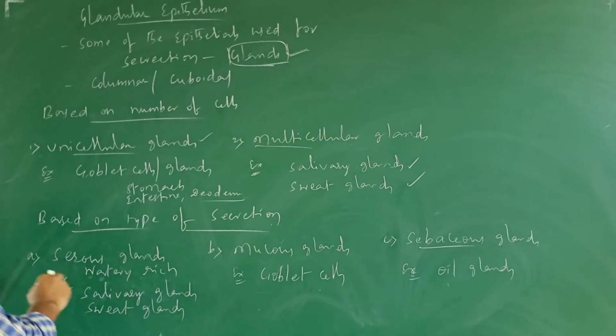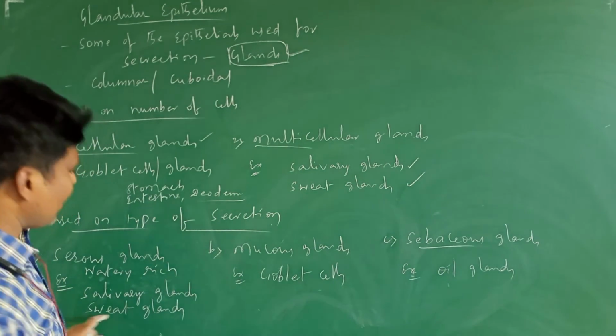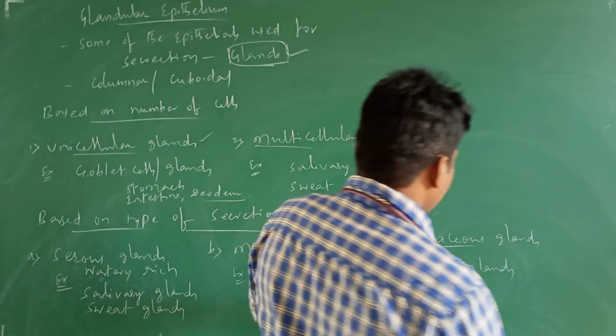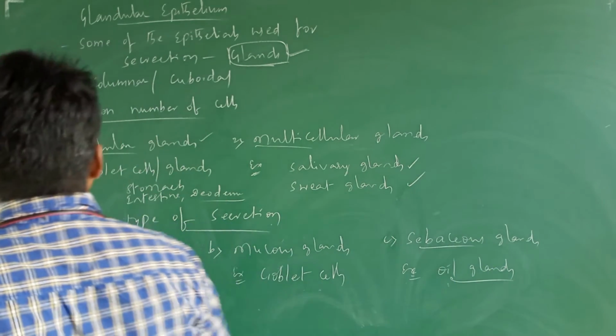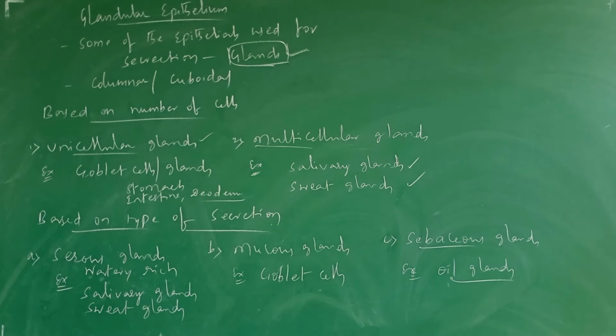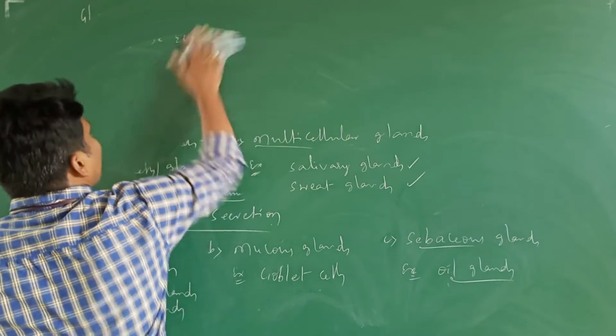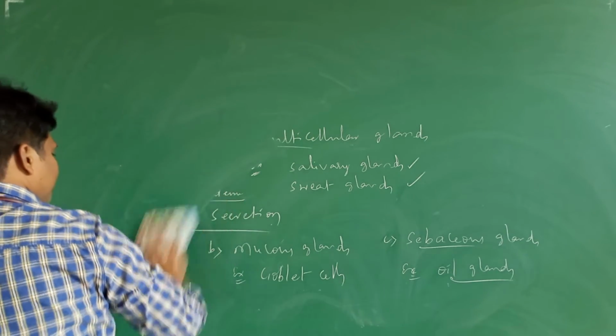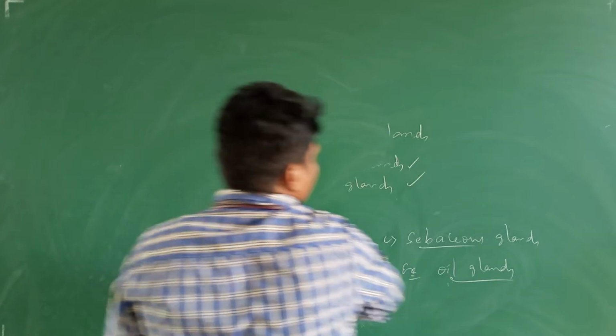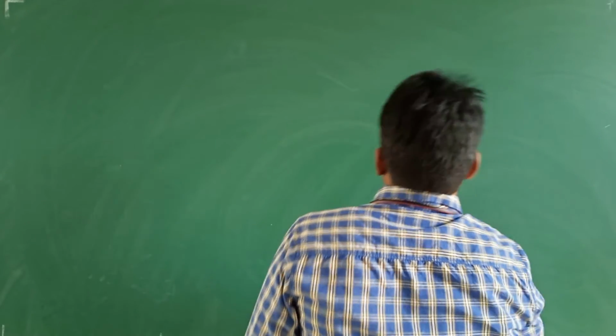Next, based on type of secretion, serous glands are salivary glands and sweat glands, mucous glands are goblet cells, and sebaceous are oil glands. So this is based on number of cells and based on type of secretion. Next, based on mode of secretion.